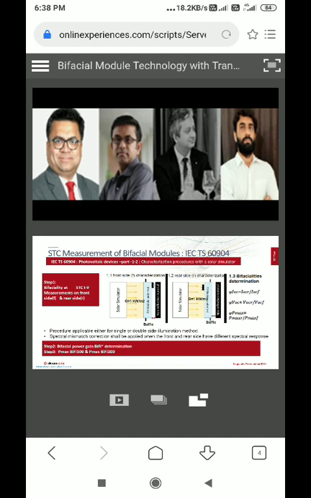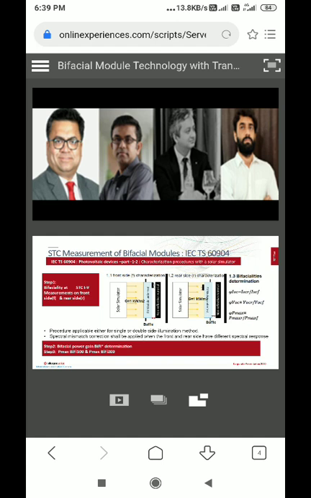Okay. The other thing that I need to brief the audience about is the STC measurement of bifacial modules, which still does not have an established IEC protocol. Right now there is the IEC 60904 test protocol in place, which talks about the bifaciality factor, and some of the laminators that we are using right now in production are not suited for bifacial modules.